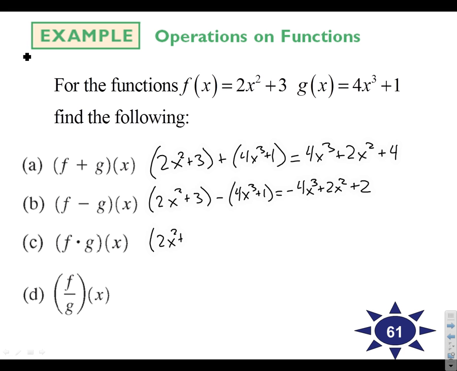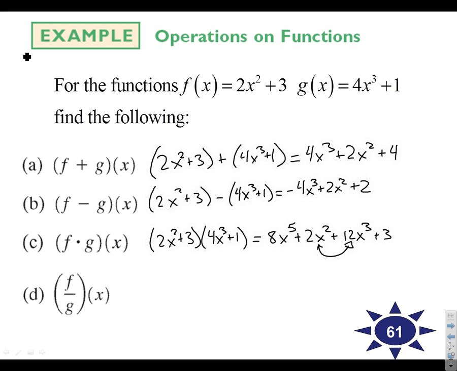So we'll have to do a little foiling here. 2x squared plus 3, 4x cubed plus 1. And so first will be 8x to the 5th, and outside will be plus 2x squared. Inside will be plus 12x cubed, and then plus 3. And we would want to rearrange this so they're in the right order. But that's how we would multiply them.